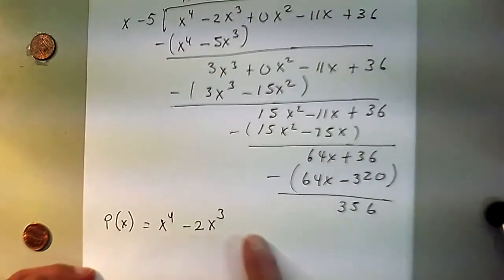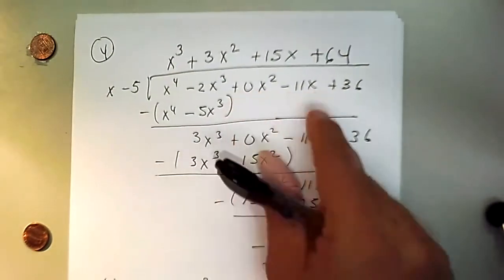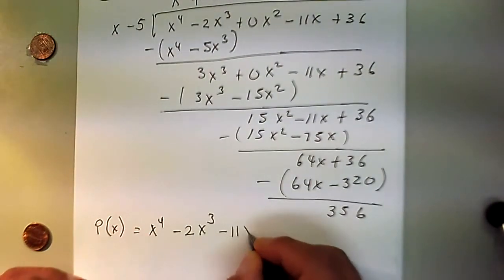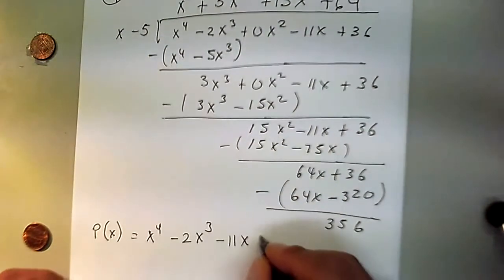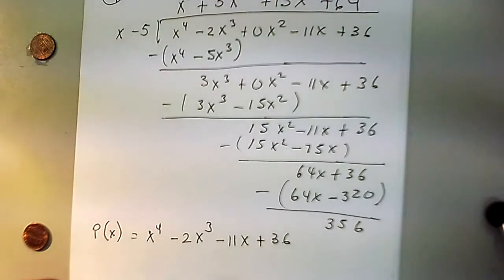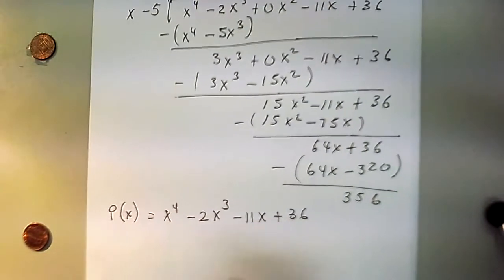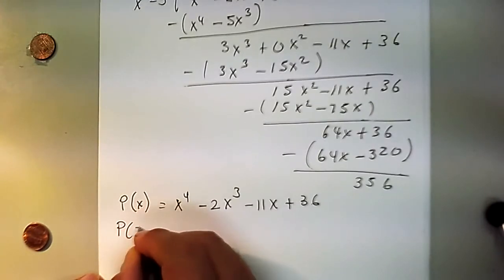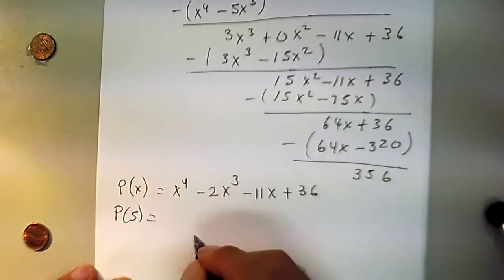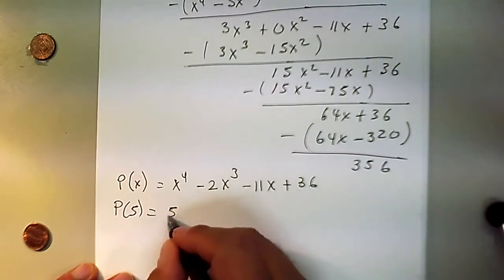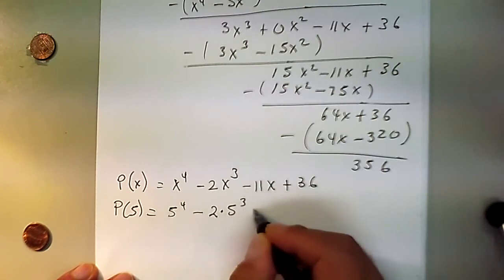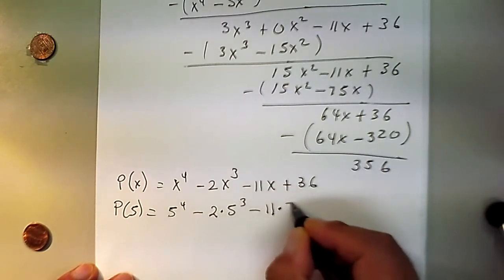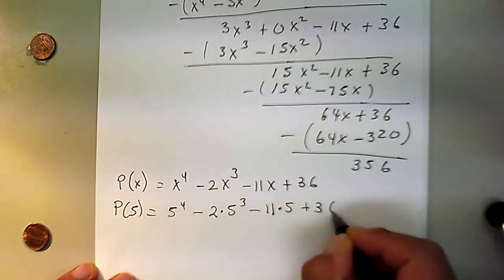I'm just writing the polynomial. Okay, so pretend you have a polynomial like that. Plug in 5. So that's going to be 5 to the 4 minus 2 times 5 cubed minus 11 times 5 plus 36.